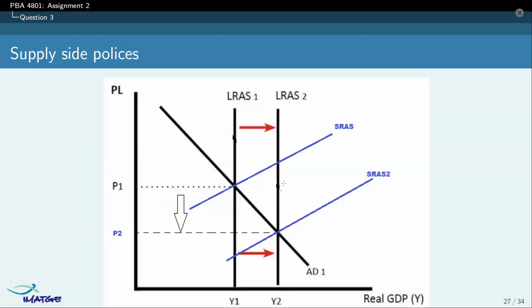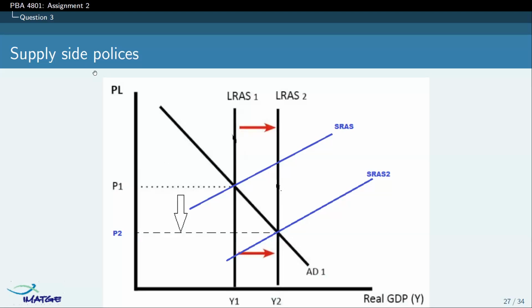A diagram like this. Because if you put a diagram like this and then you don't show an explanation of what's happening, because remember, this will be our initial equilibrium, right? We assume that the economy was in the long run equilibrium with price P1 and output or real GDP Y1.